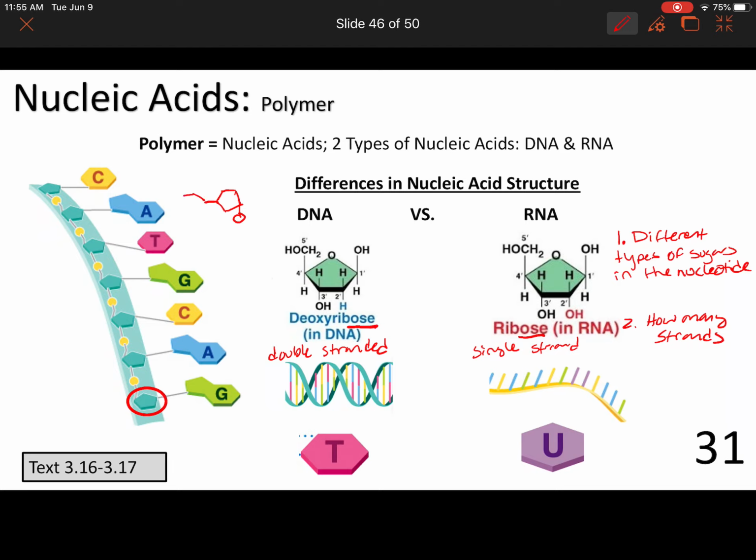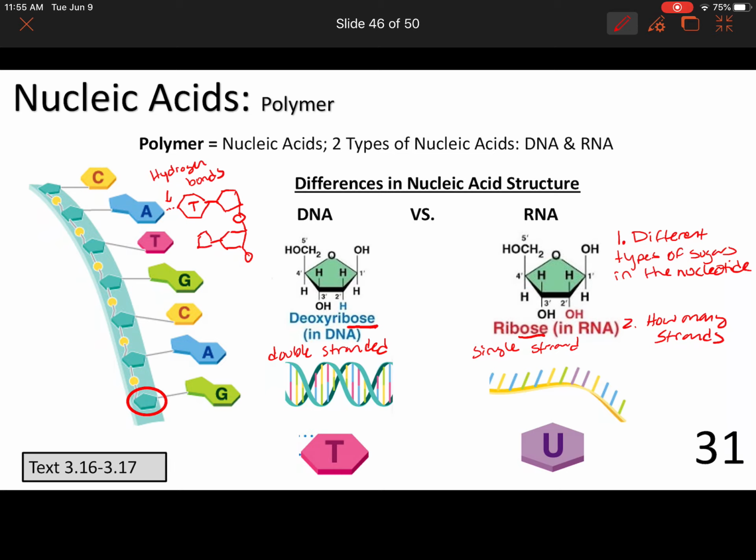So we would have on the opposite side a sugar phosphate group. Extending from it would be a nitrogenous base. And the nitrogenous bases are connected via hydrogen bonds.